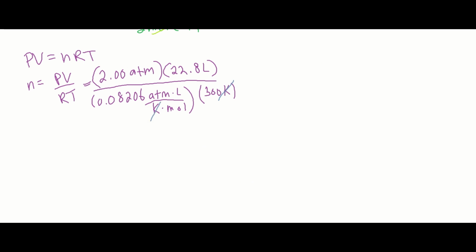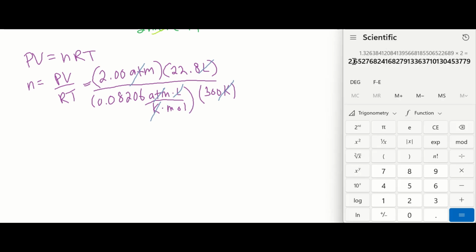All right, kelvins cancel out, liters cancel out, atmospheres cancel out, and we have moles in the denominator of a denominator, so we can reciprocate it to the numerator. So 22.8 liters of oxygen under these conditions is 1.85 moles.